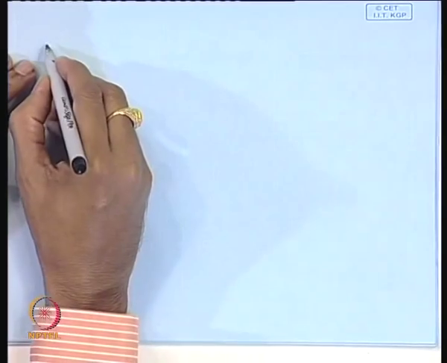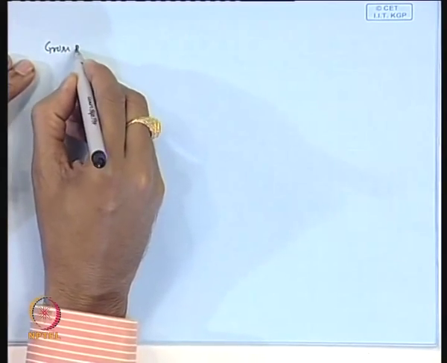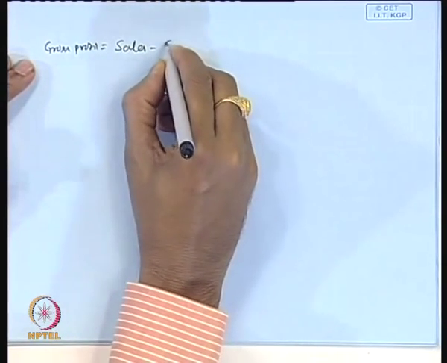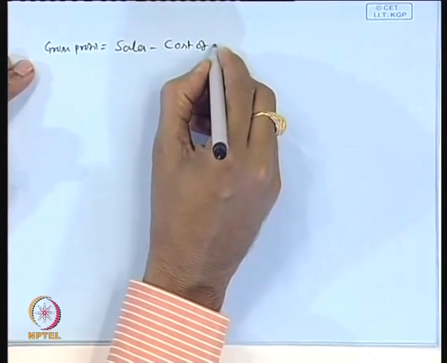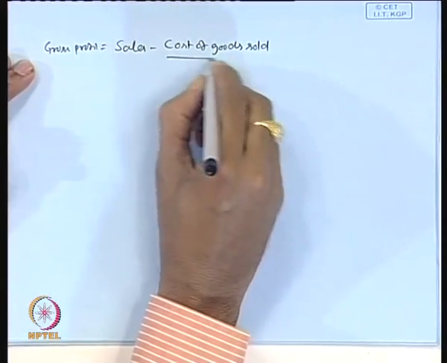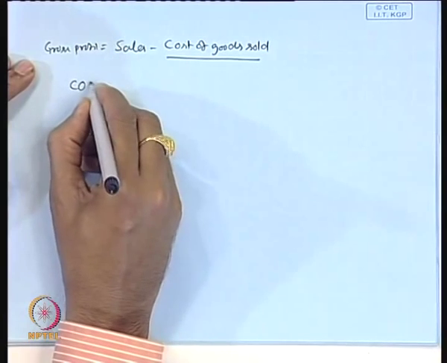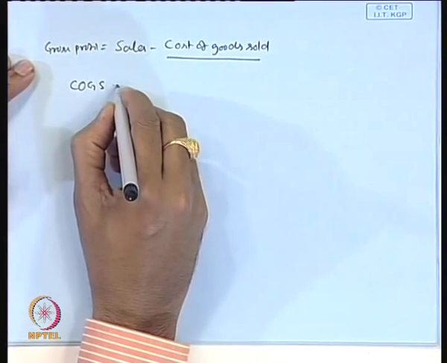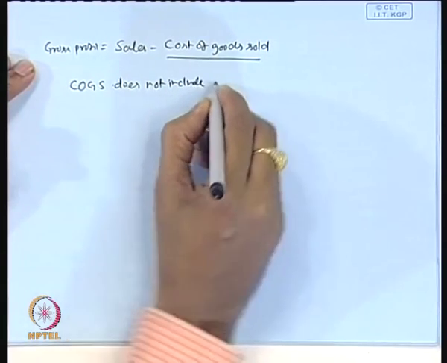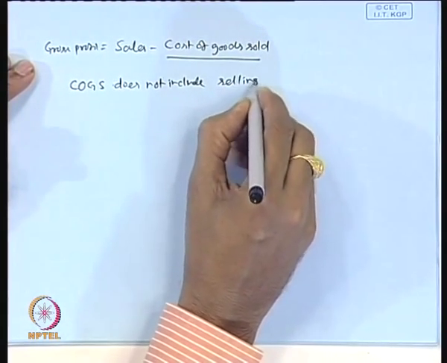So, typically in the gross profit, it is sales minus cost of goods sold, and this cost of goods sold, COGS, does not include something called selling expenses.